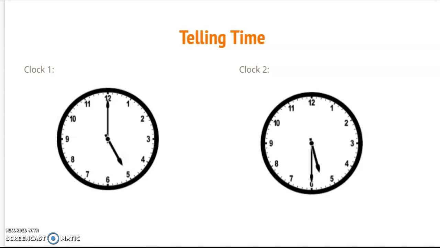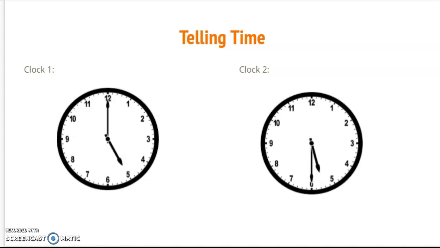And oh, look, my minute hand is pointing to the 12, so that is 5 o'clock. My hour hand is on the 5, so I know it's 5 something. My minute hand is pointing to the 12, so I know that's o'clock. So 5 o'clock.